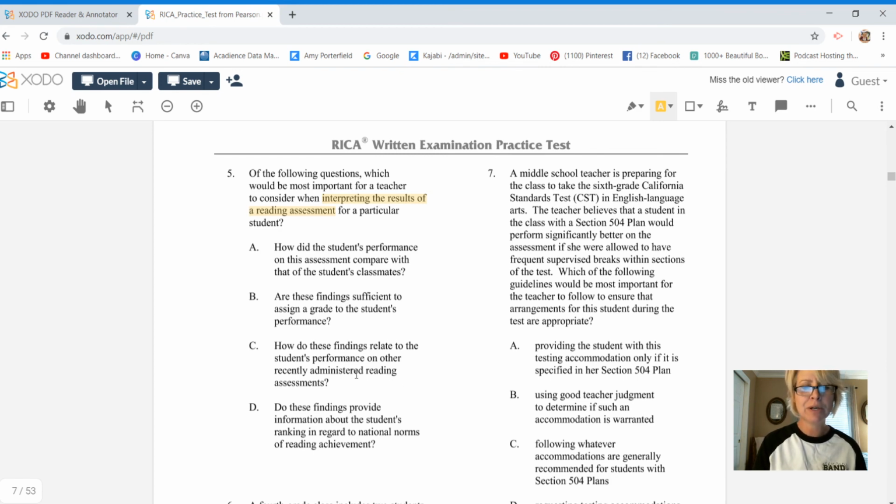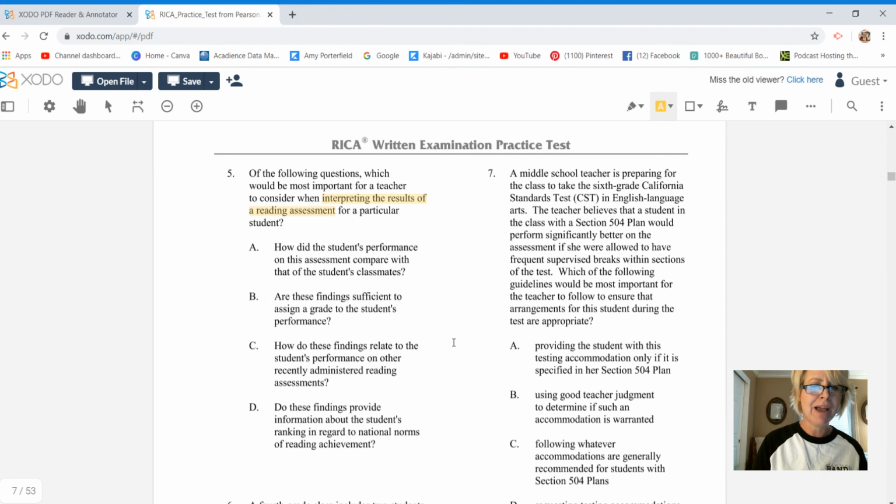Okay, this is a possibility because now I'm looking at multiple sources of information to get a better look at that student's learning profile. D, do these findings provide information about the student's ranking in regard to national norms of reading achievement? Well, I'm trying as a teacher to make a plan that's going to best help this student.